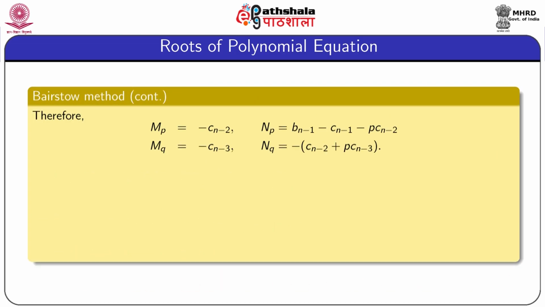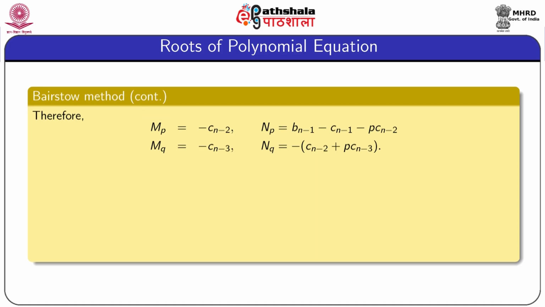Therefore, the partial derivative of m with respect to p is equal to minus c_{n-2}, the partial derivative of m with respect to q is equal to minus c_{n-3}, and the partial derivative of n with respect to p is equal to b_{n-1} minus c_{n-1} minus p into c_{n-2}, and similarly the expression for n_q is equal to minus of c_{n-2} plus p into c_{n-3}.